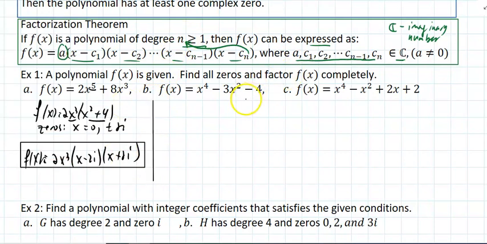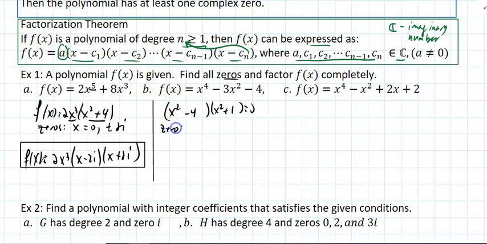This problem right here, well, this factors. Actually, let me factor it right away. So I'm going to set that equal to 0 to find all the zeros. That's x squared minus 4 and x squared plus 1. So that's x minus 2, or it doesn't really matter because I have to find the zeros.